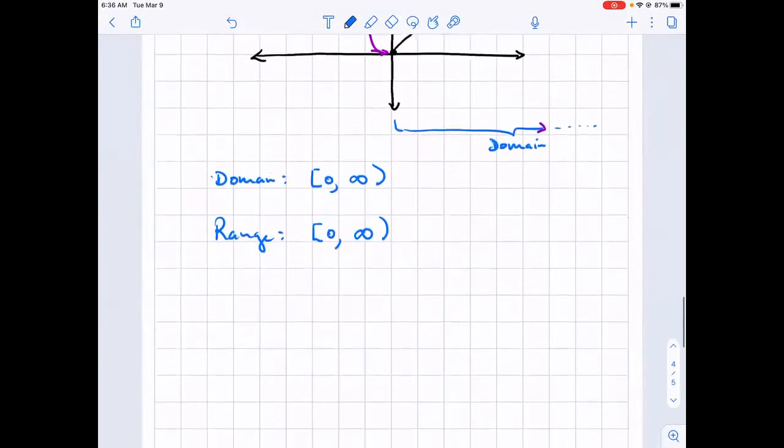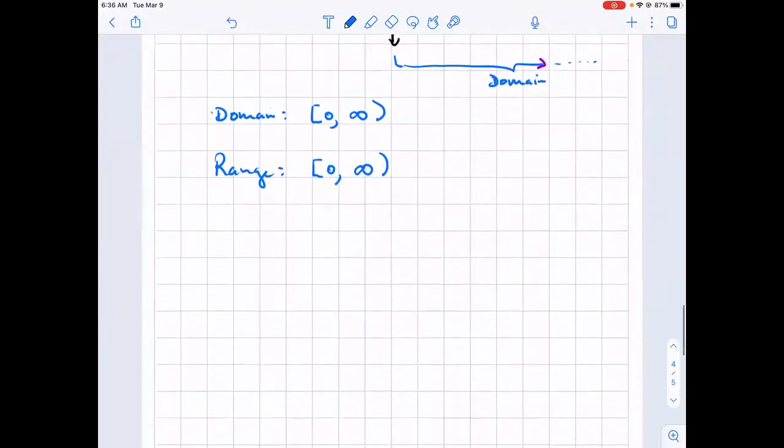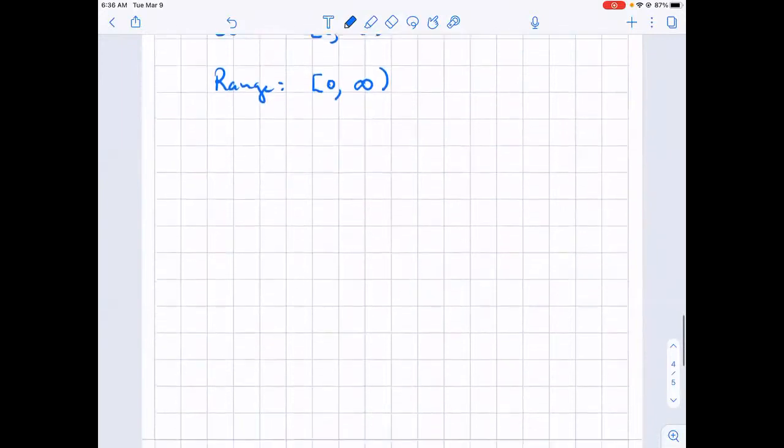Now, how do we know if a graph represents a function, because not all graphs are functions. In one of my videos, I showed you that to be a function, for every input, you should only have one output.